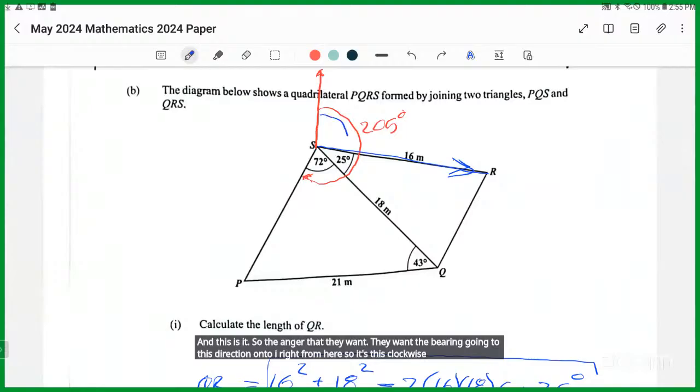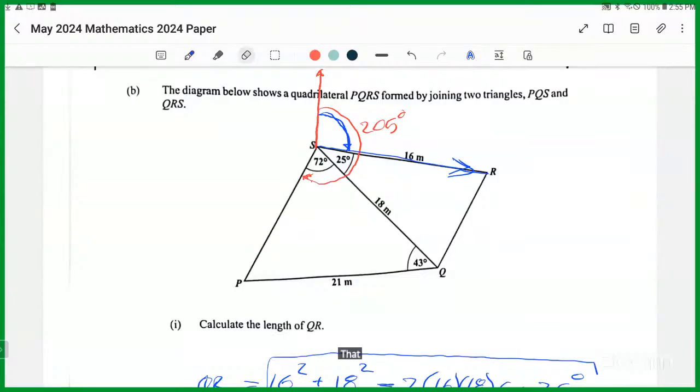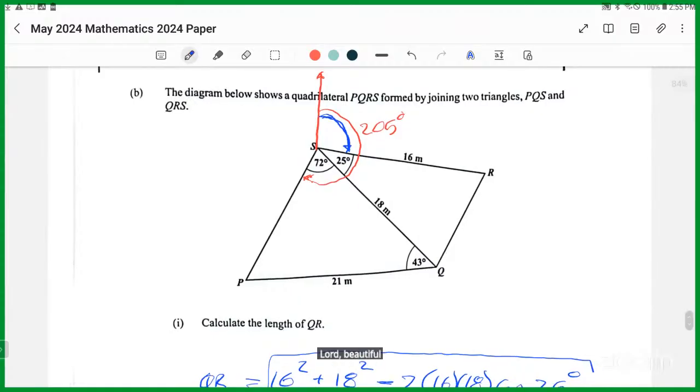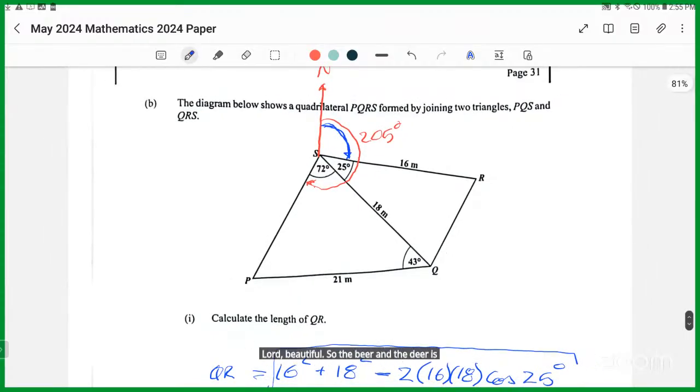That angle becomes 205 minus these 2 in here. So the bearing there is 205 minus the 25 degrees, minus 2 angles, right? That's the answer that we want down here.